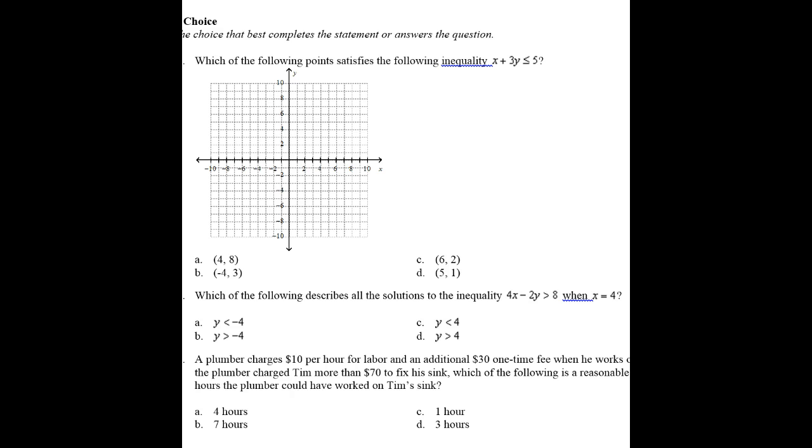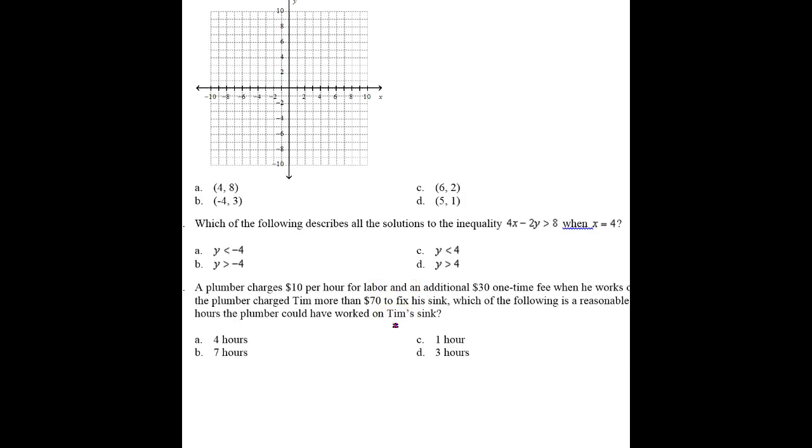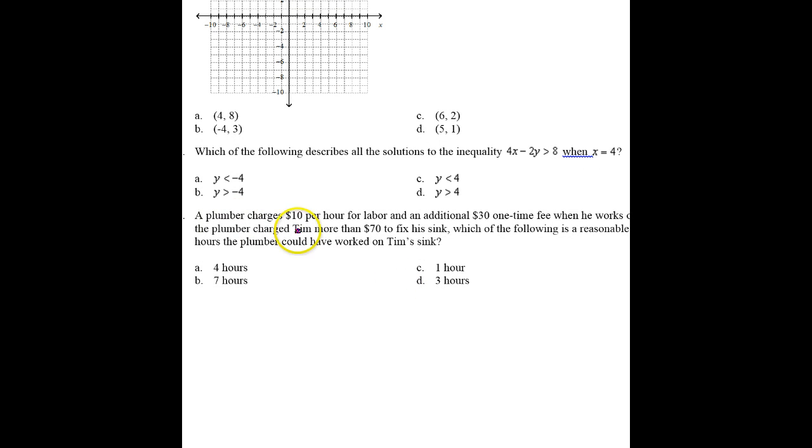Okay, so we need to start by making sure that we're labeling everything. A plumber charges $10 per hour. Per indicates slope, so automatically you have a 10x from right there. And an additional $30, so we represent that by plus 30.